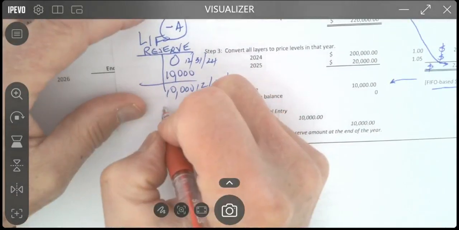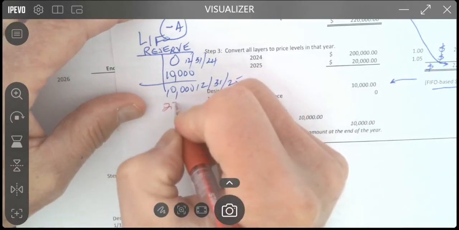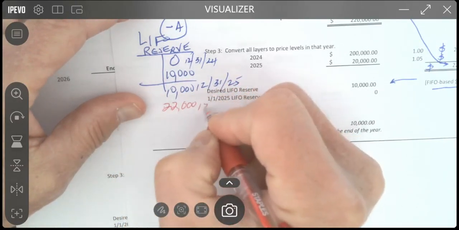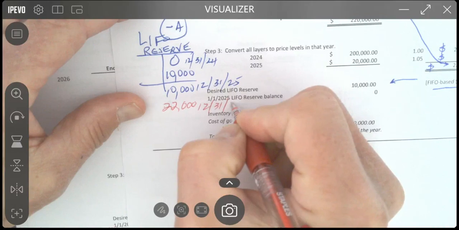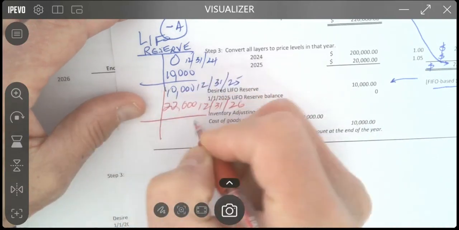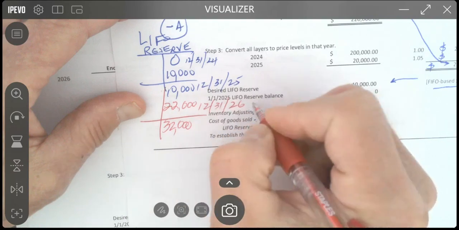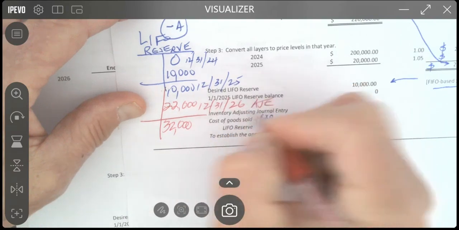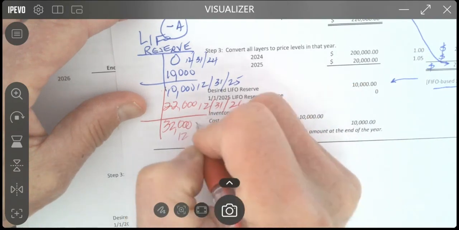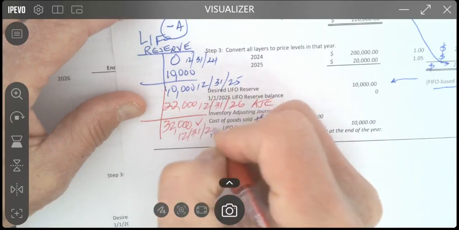There's 10,000, and we credit it for 22,000 at 12/31/26 to get to 32,000, the desired balance at 12/31/26.